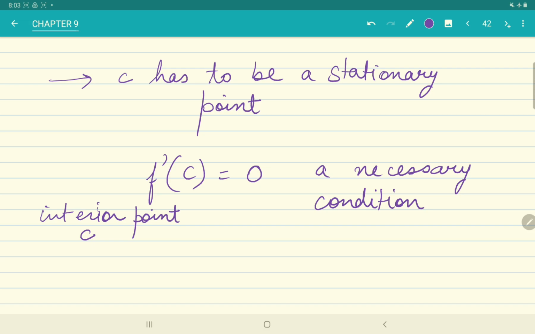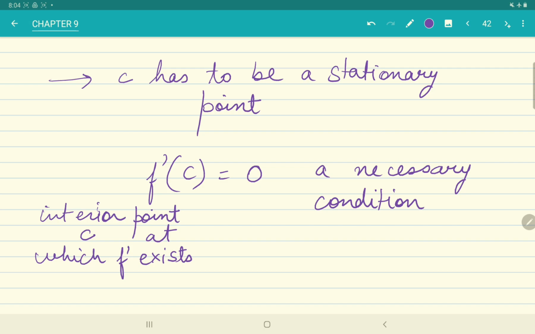Interior point C in the interval, and at this point f prime exists. So that means the function is differentiable, at which f prime exists.